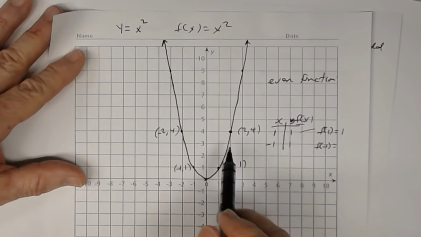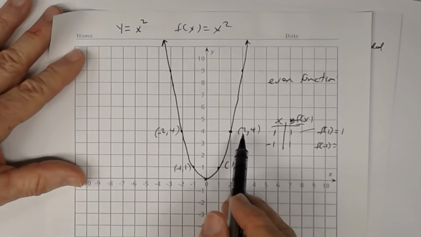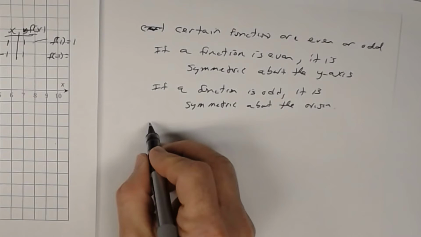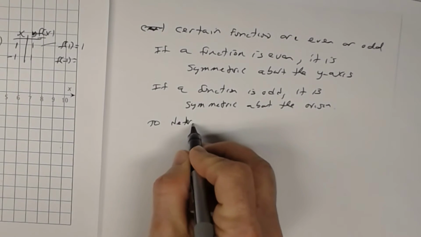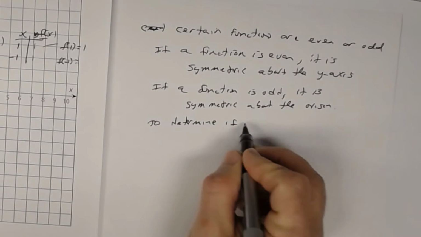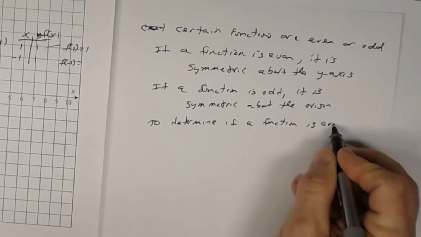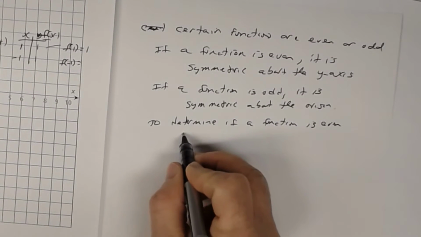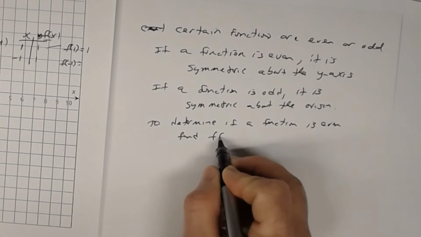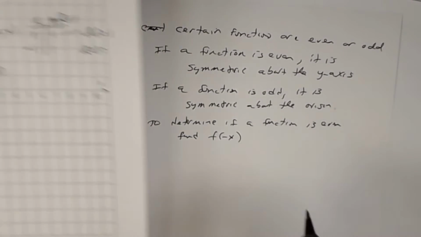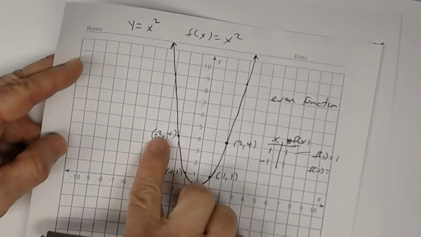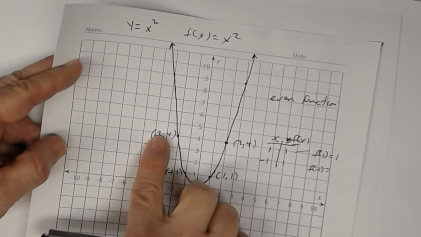So to determine if a function is even, this is what you're going to do. You're going to find f of negative x. See, negative 2, 2, negative 2.